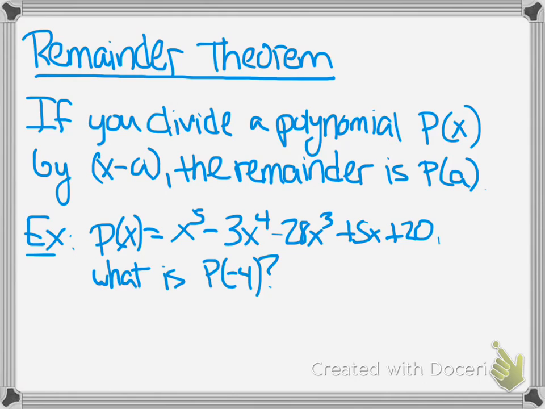So, taking a look at our example of x to the fifth minus 3x to the fourth minus 28x cubed plus 5x plus 20. What is p of negative 4? So, again, we're going to do our synthetic division.